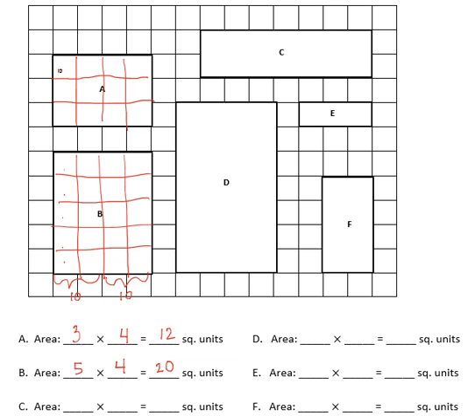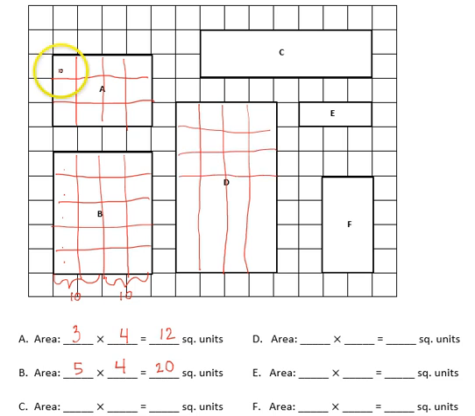Let's look at rectangle D. That one's pretty big. So we're going to divide the columns. So you see there are 4 columns. And there are 7 rows. Multiplication sentence then is 7 times 4.